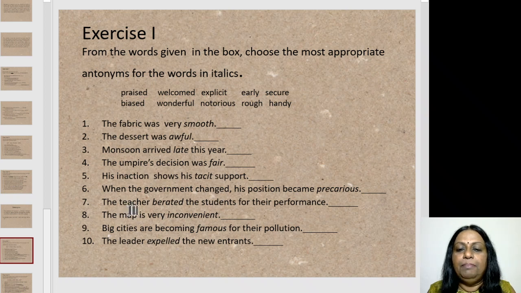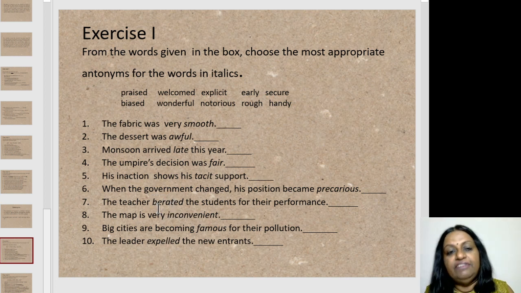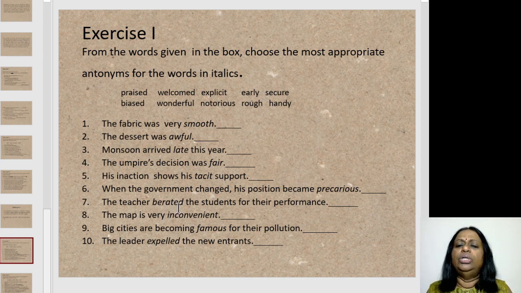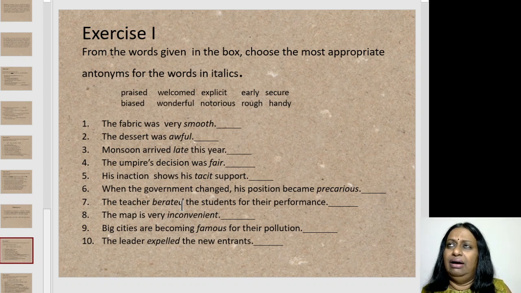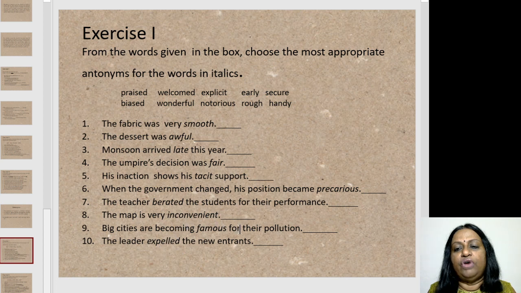Seventh, the teacher berated the students on their performance. Now we need to look up the meaning of berated if we don't know, and then pick the opposite. Berated is to be angry, shout, express displeasure. So the teacher berated the students for their performance.